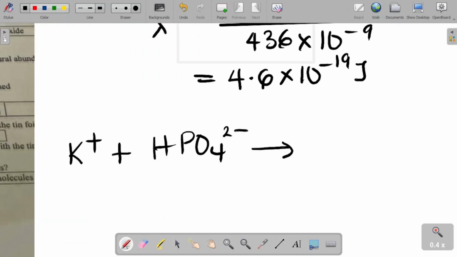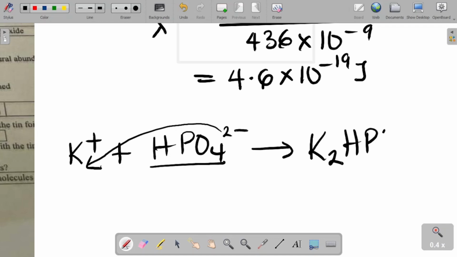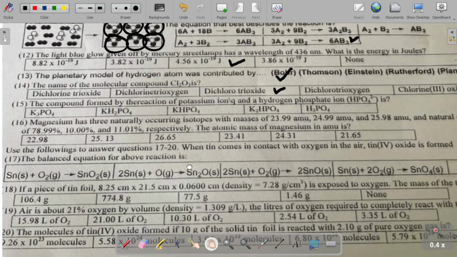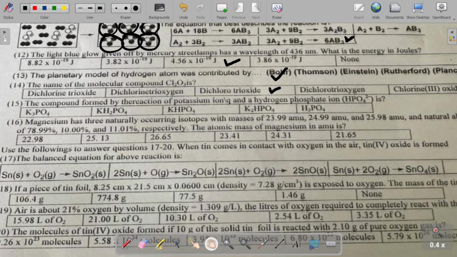Now, when atoms combine, the charges come down. So the 2 from the 2 minus comes down here, and that becomes K2. Then this one here I have HPO4. The charge here is 1 plus, so nothing changes here. So I would have K2HPO4 as my answer. That's this option here. That's your answer.